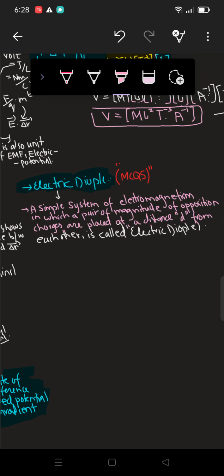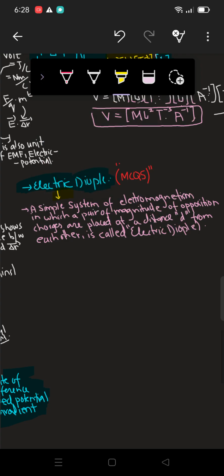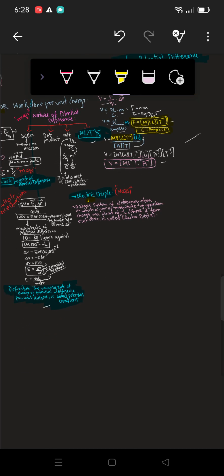There will be a distance between the two opposite charges, and that is what we call the electric dipole.